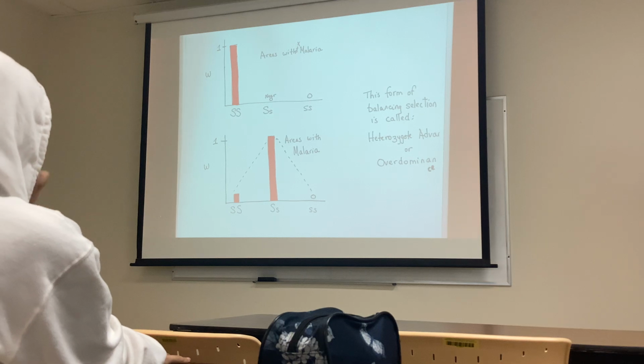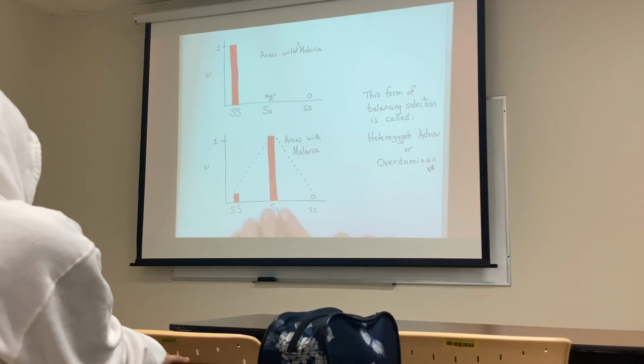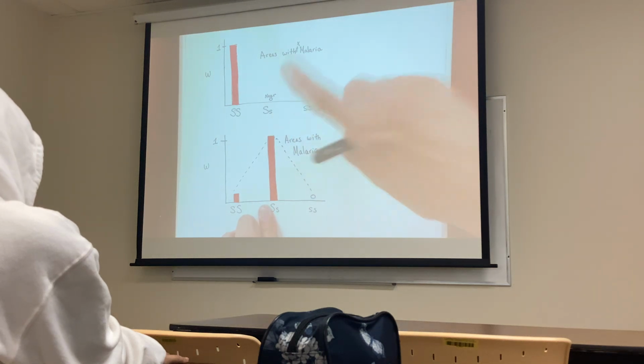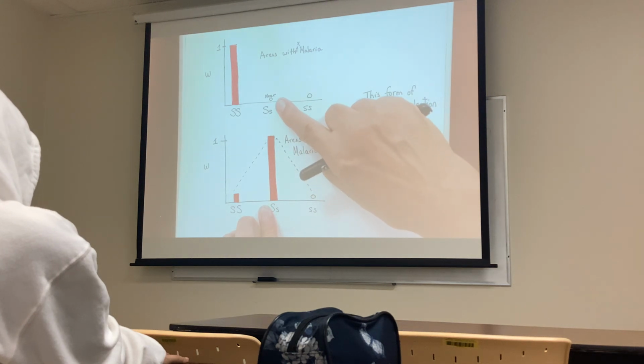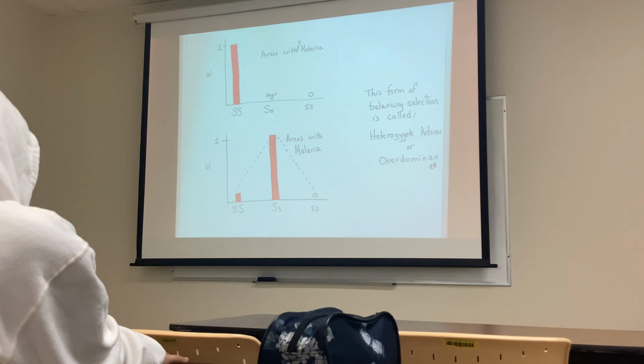Yes? Are you explaining why the carrier is more likely to survive? Yes, because these guys have sickle cell trait, right? It's not good, look over here, prior to medical intervention. But in areas with malaria, the parasite attacks red blood cells. These guys, all their red blood cells sickle.